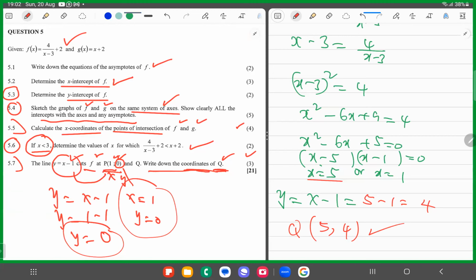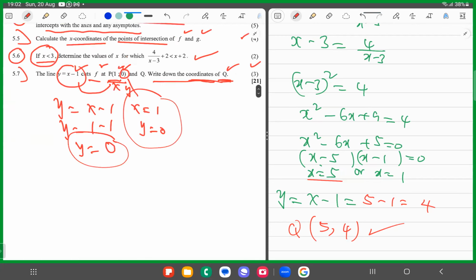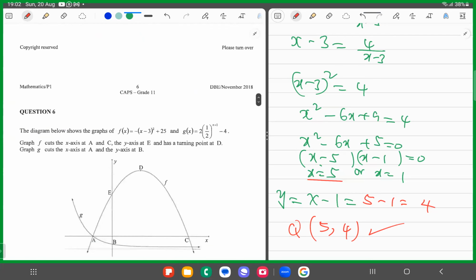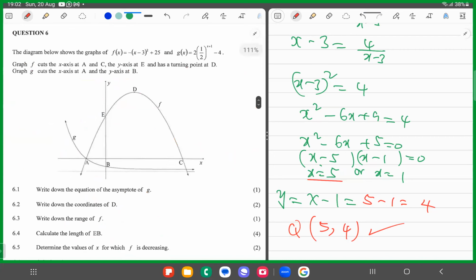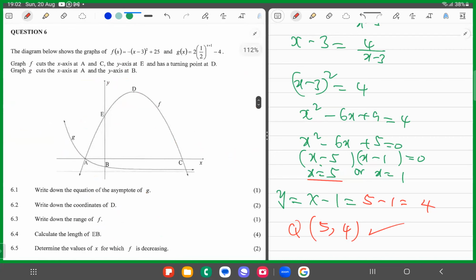So we continue and we move forward. We're looking at graphs and functions. The next question on graphs and functions focuses on the kinds of graphs that involve what we call the rectangular hyperbola. So how do we deal with these kinds of graphs that pertain to the rectangular hyperbola?